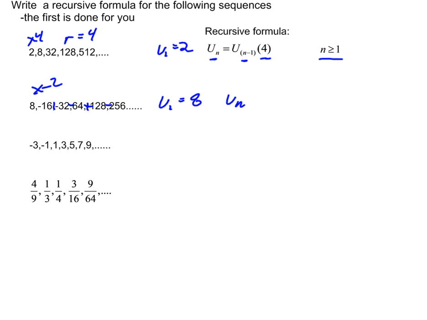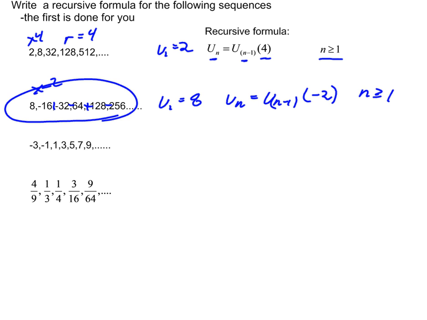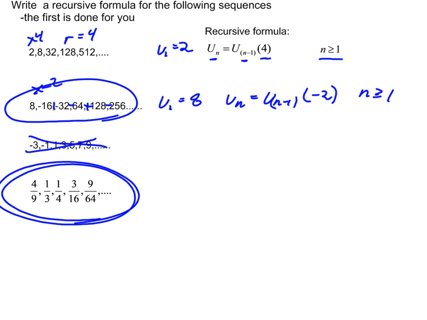So u sub n is equal to u sub n minus 1 times -2, n is greater than or equal to 1. So, my mistake on that one. Let's skip that one too.